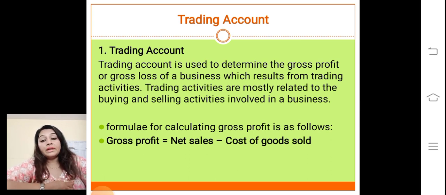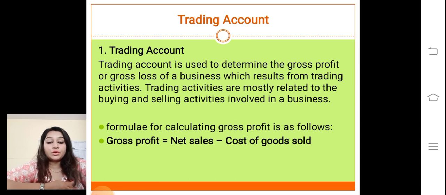They are not directly related to the manufacturing part, they are related to the servicing part, so we pay them salary. So it is an indirect expense which will come in the profit and loss account. All the direct expenses come in the trading account, and all the indirect expenses, which are indirectly related to the factory, are part of the profit and loss account.